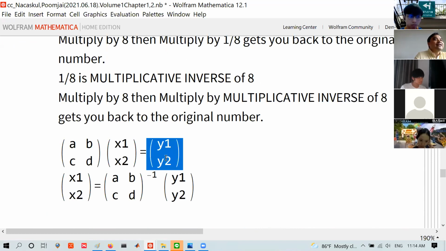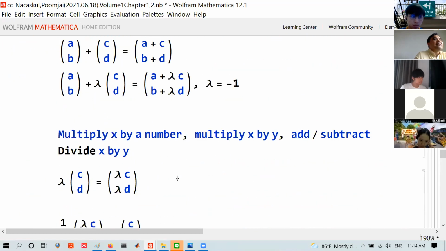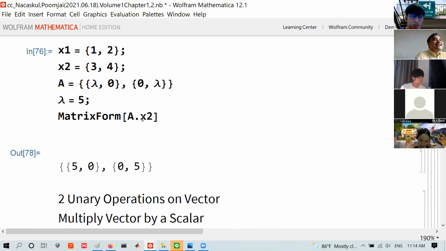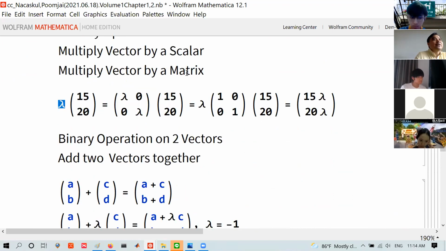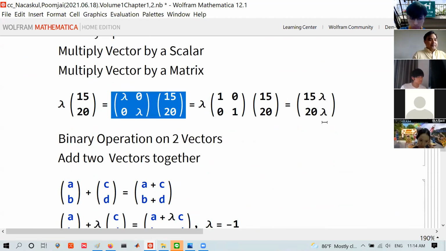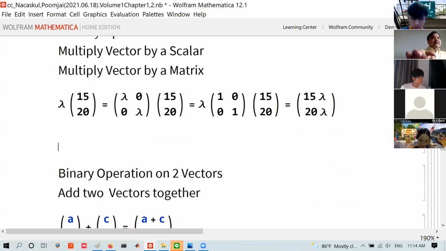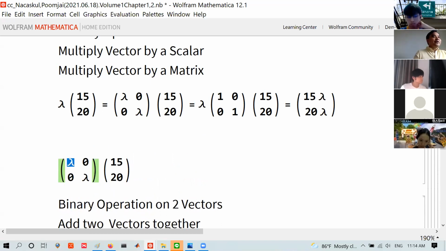When you go to vectors, multiplying by a number is easy. You can do that. Multiplying by a matrix is trickier, but you can still do it.